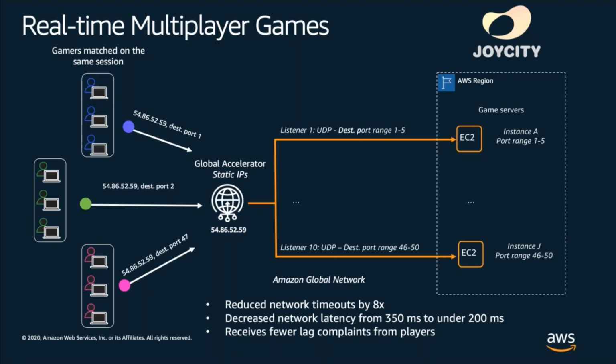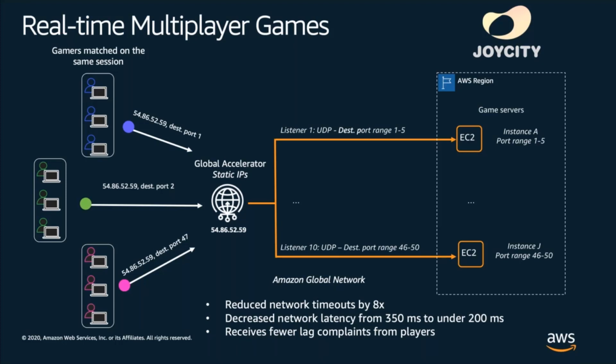And so this may look confusing, but basically in multiplayer games, you have these groups of players that you want to send and combine on a single EC2 instance, right?